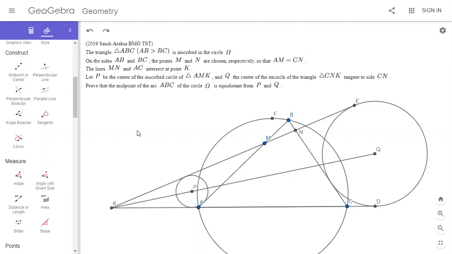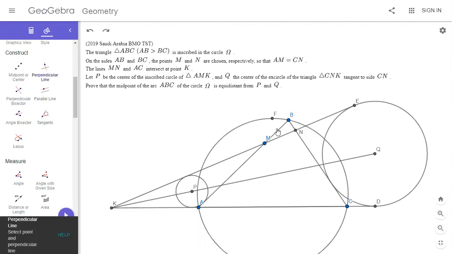Let's see. Yeah, maybe we could apply Archimedes' theorem again. Not sure. Let me just try. I wonder what happens if we draw the perpendicular from F to PQ.